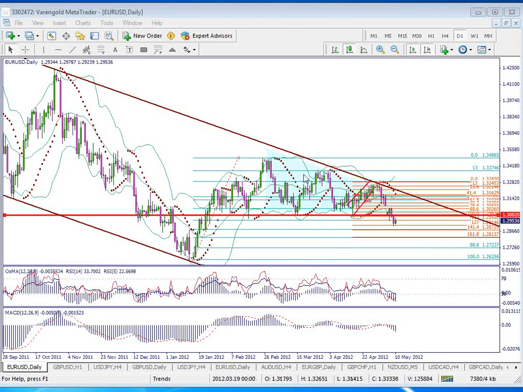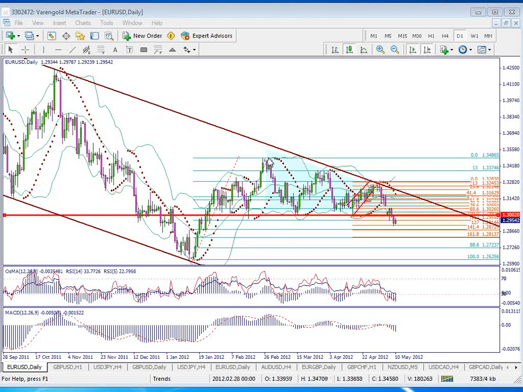Okay, so I wanted to talk about euro dollar because in this moment we have one continuation pattern on daily chart.